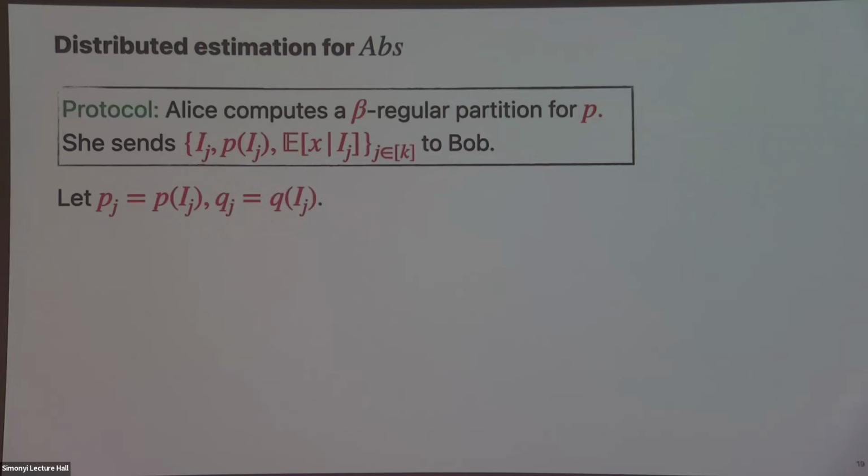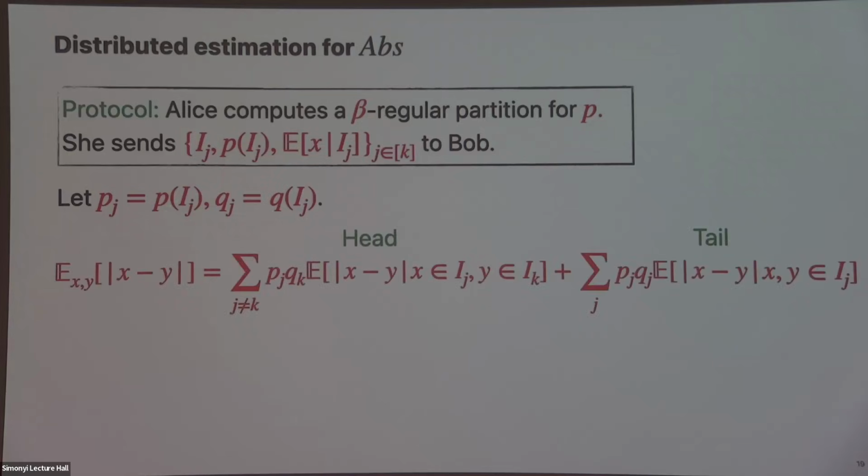Okay, now I'm going to set up a slight simplification of notation. I'm going to write Pj equal to Pij, Qj equal to Qij. Why am I doing that? So I can fit this all on one line. Okay. So the expectation of the absolute difference of X minus Y, I'll just split it up based on which intervals Alice's input and Bob's input fall into.